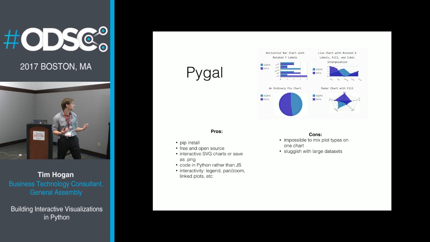The last thing I want to mention is Pygal. One of the advantages of Pygal is that you can do an SVG, a scalable vector graphic. So if you need big graphics for a projector or small responsive images for a website, sometimes that can be helpful. It's a little bit of a pain to get responsiveness in the Bokeh library.